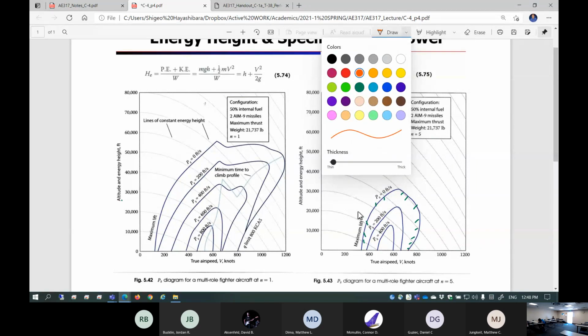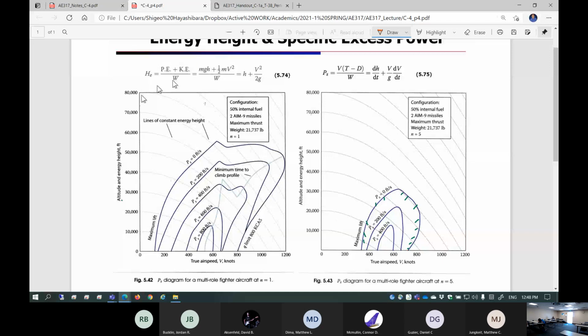So first of all, 1G flight means this figure. This is a 1G flight, load factor 1, so you're not going to look at this one. And what is the maximum level flight speed, anybody?